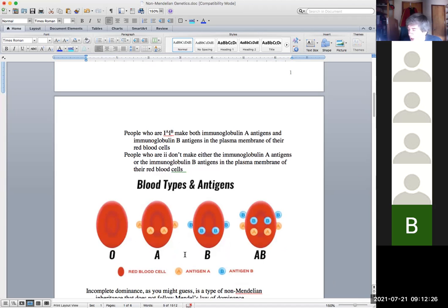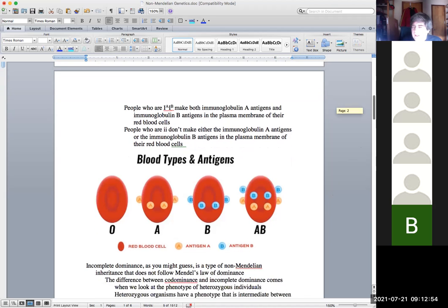If you don't have the Rh antigen, then you're A negative or B negative or O negative or AB negative. So there are lots of different antigens. So when we say somebody with type O blood doesn't have these antigens, we're only talking about the A antigen and the B antigen. We're not talking about every antigen that's found on blood cells, just the ones in this category. So we want to keep that in mind.